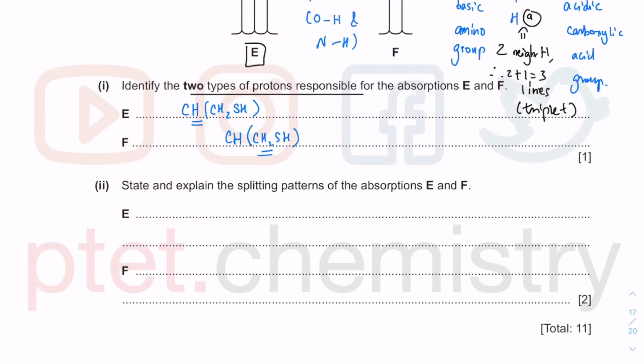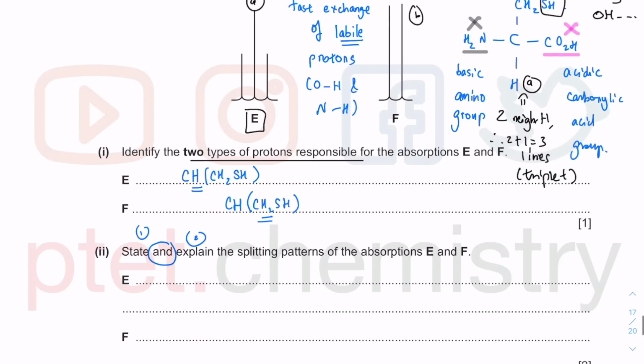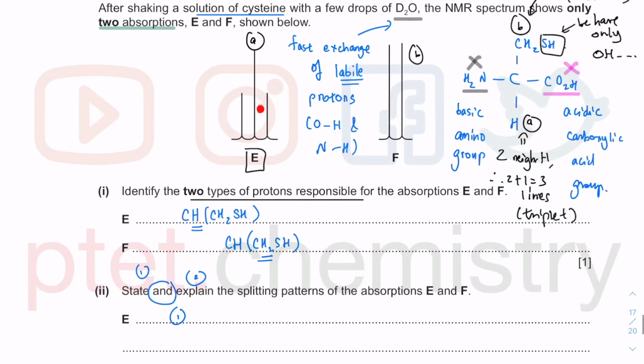State and explain. So here there are 2 bits to it. You see there are 2 lines. Do not just explain, do not just state, but state and also explain. For this signal or absorption at E, we see a triplet. This triplet is a 1:2:1 intensity. And because this CH2SH, the one I underlined, has 2 neighboring protons, so we talk about 2 neighboring protons.